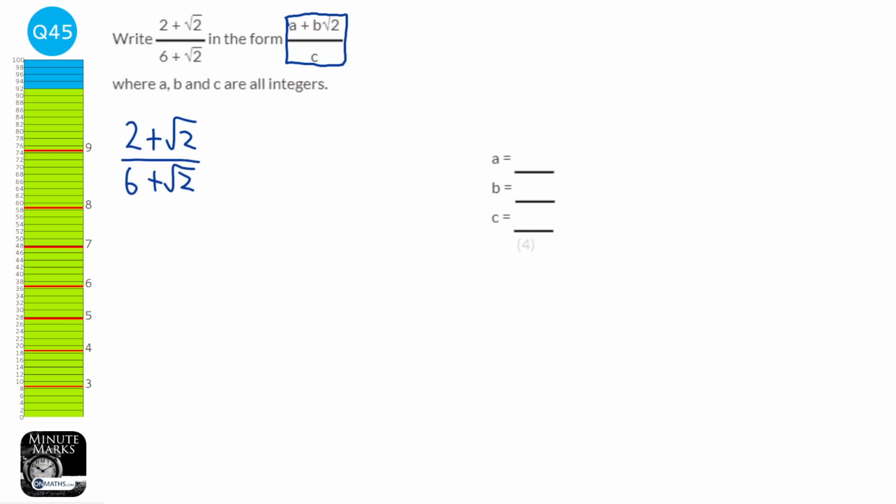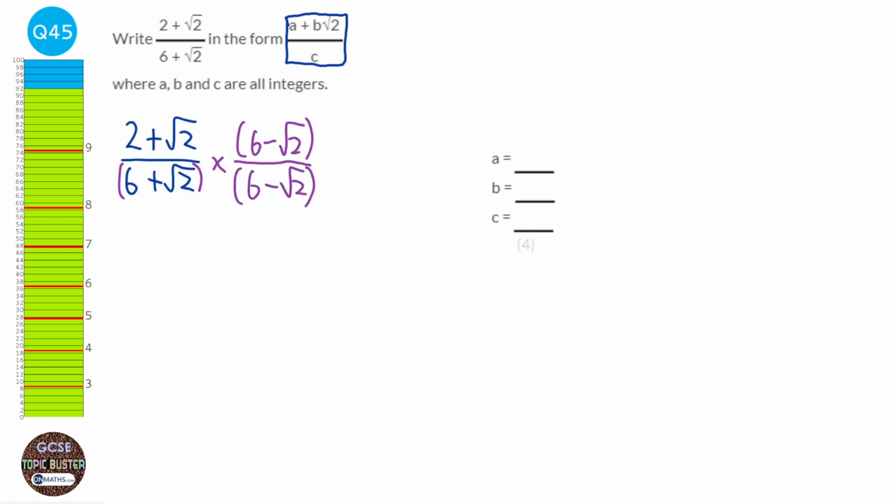The trick here is, imagine that the bottom here is a bracket, and what you want to do is multiply top and bottom of this fraction by the same bracket, but with the opposite sign in the middle. So instead of 6 plus root 2, it's going to be 6 minus root 2.